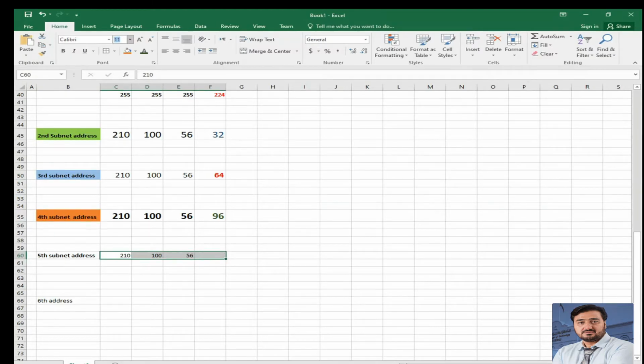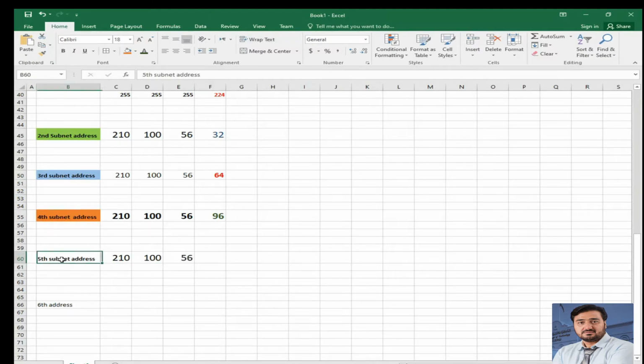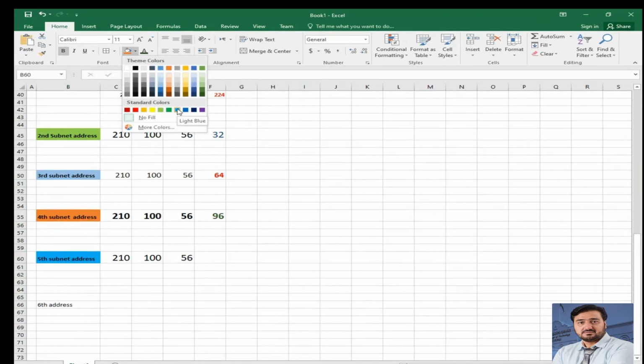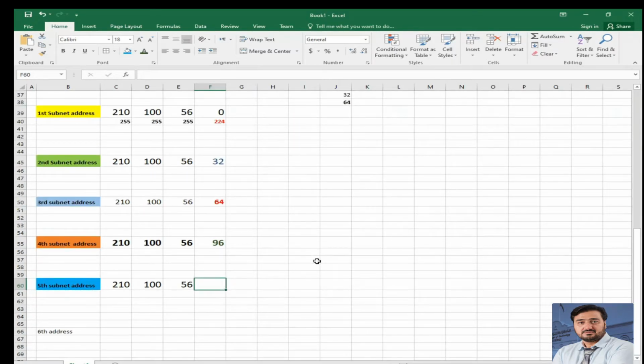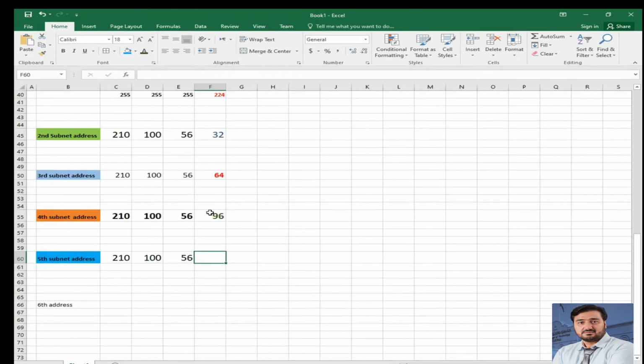Here we have 64, now it becomes 96. So what is the next subnet, the fifth subnet here? Plus 32. Yes, plus 32 to this value 96.